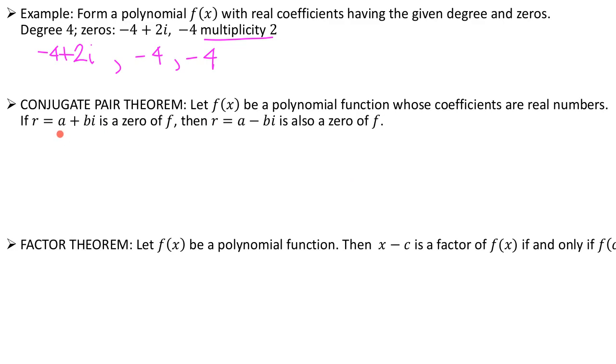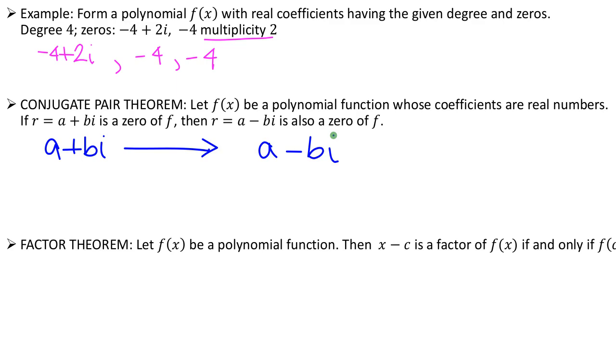So basically, if you have a complex number that is a zero for a function, its conjugate will also be a zero. So taking a complex number, a plus bi, that's one of my zeros, then its conjugate, a minus bi, will also be one.